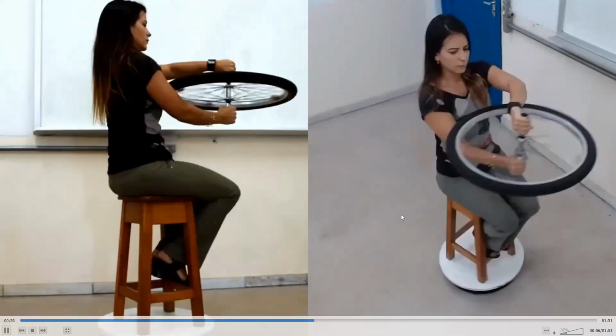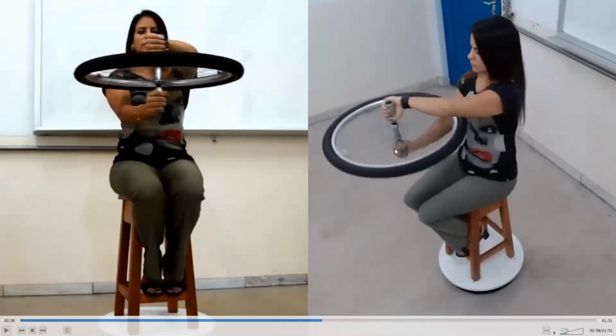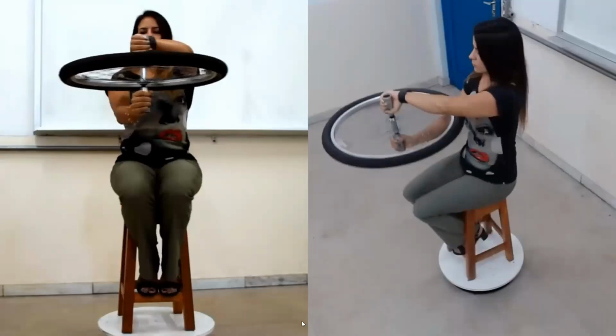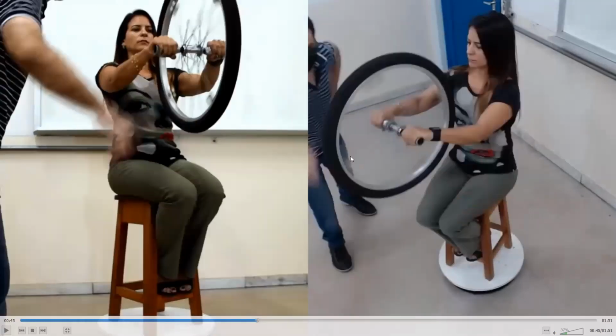When we change the direction of that axis, the turntable will automatically start rotating about the perpendicular axis. So again observe. This is the spinning wheel and this is the perpendicular axis.